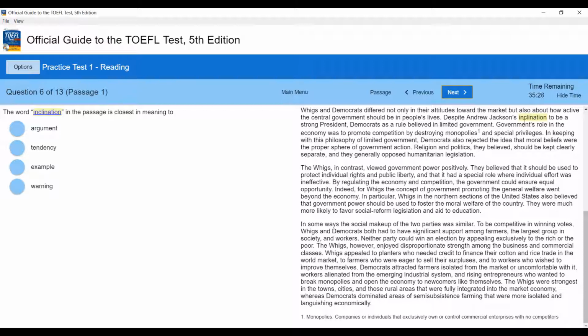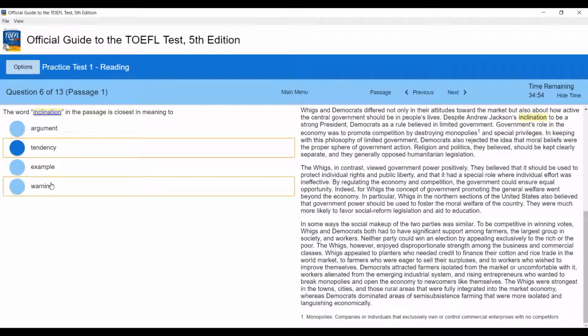I know that word as I'm a native speaker. I did not look at these choices right here, but looking at this word in the sentence and replacing it, I would say that he tended to be a strong president. So I would call that a tendency. Like he leaned towards that. So I would go with tendency. And these other words do not fit. They do not work if you replace them in the sentence.